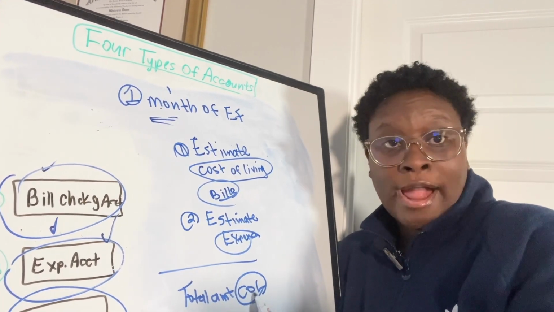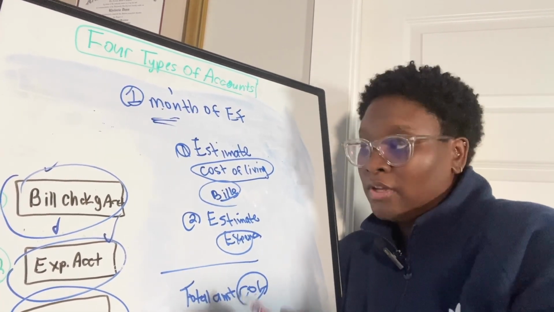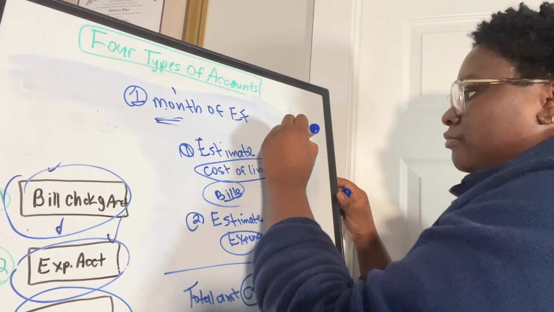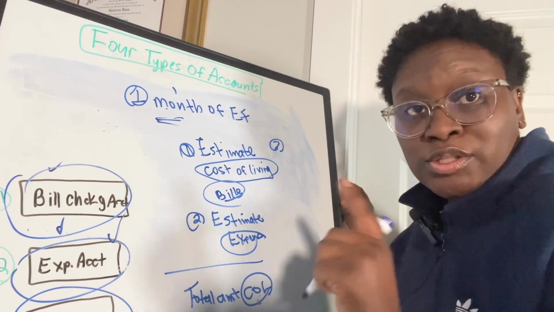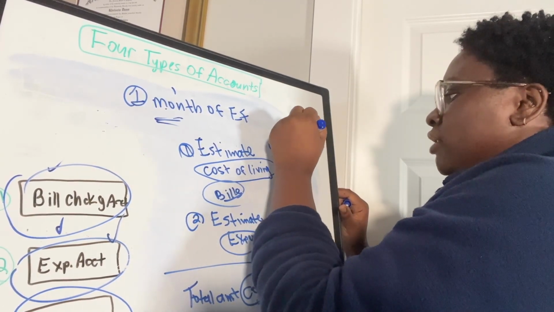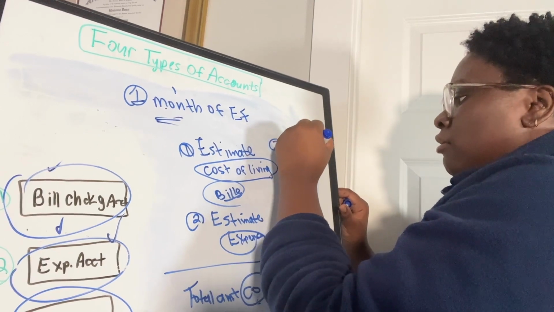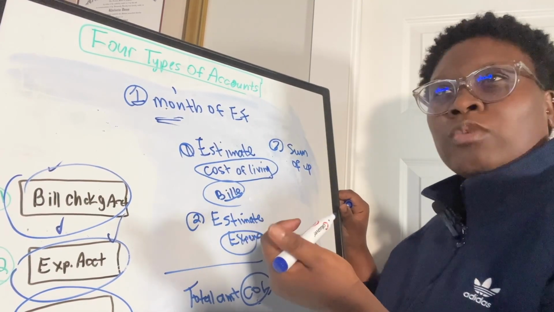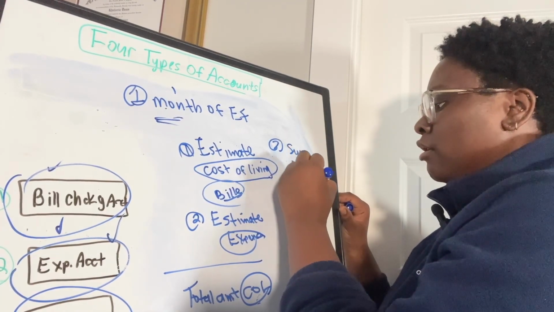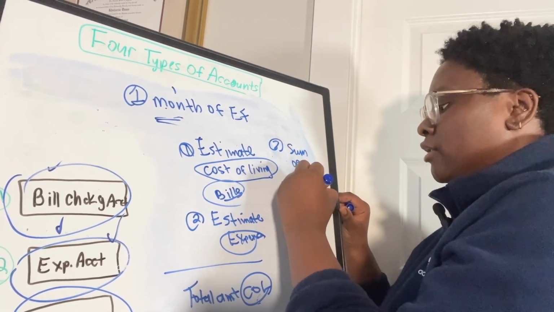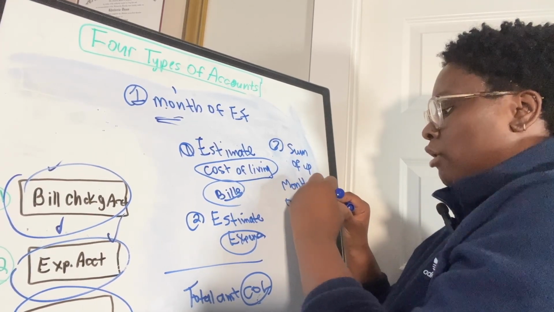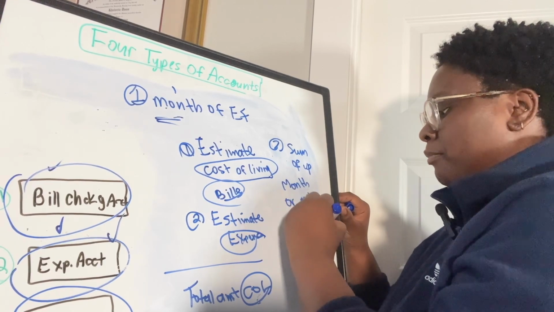And once you know how much it costs to live, then the next step that you want to do is you want to look at your pay stubs and you want to sum up maybe a month or 2 months of your net income.